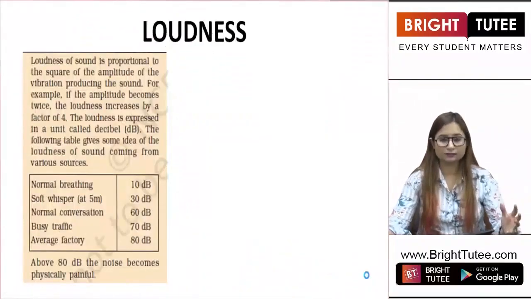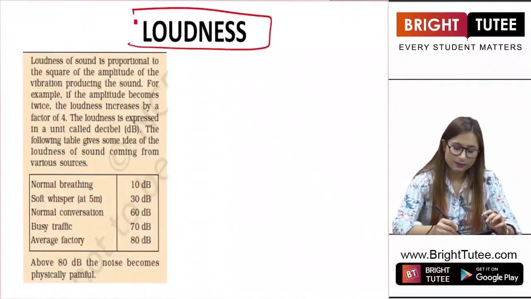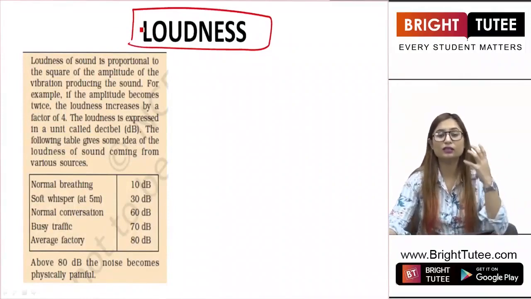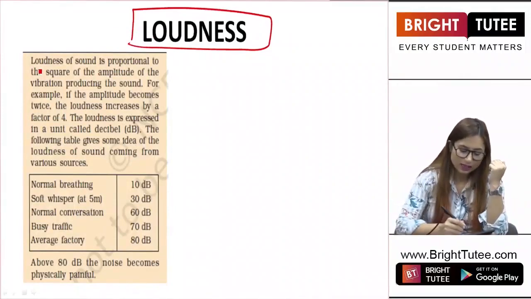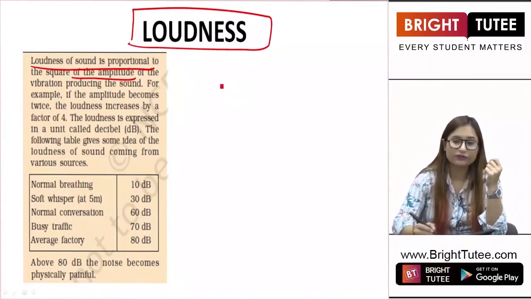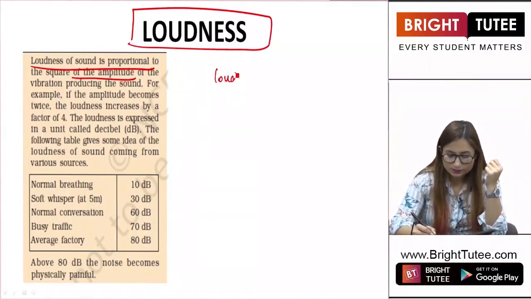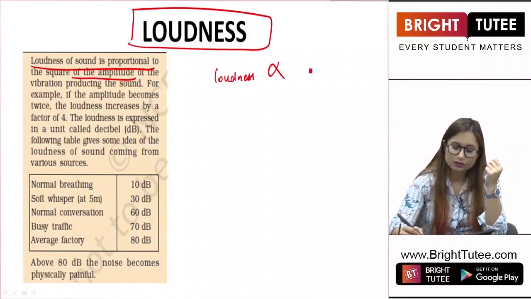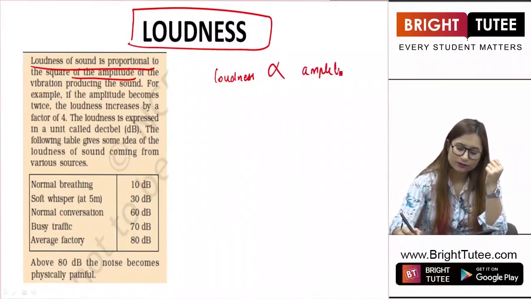So, what did we learn? We learned that amplitude is directly related to the loudness. Let us see. Loudness of sound is proportional to the square of amplitude. Basically, loudness is proportional to the square of amplitude.